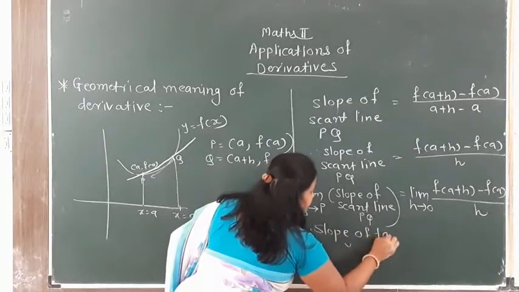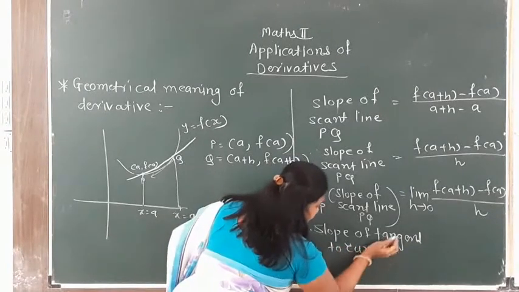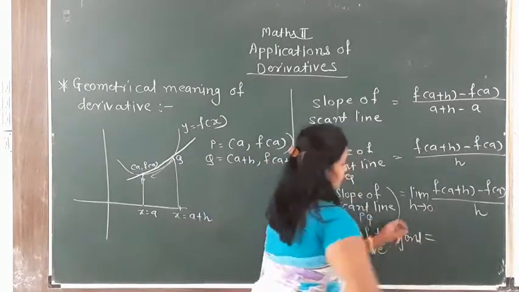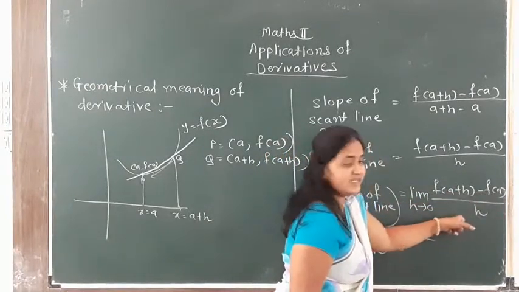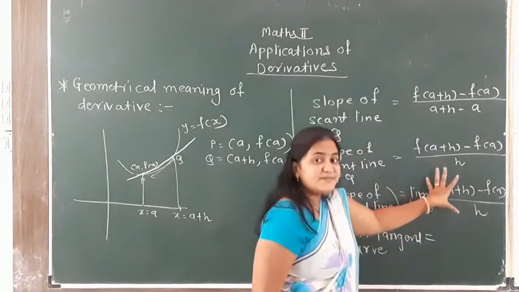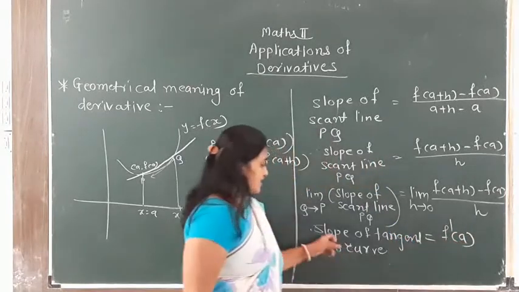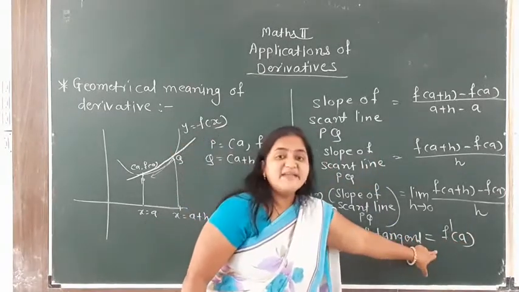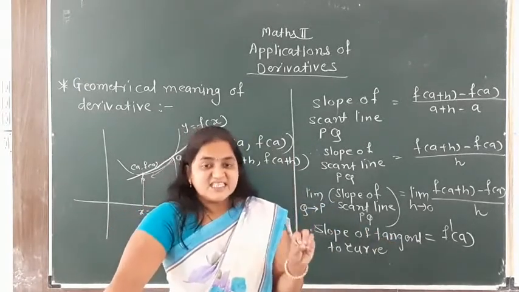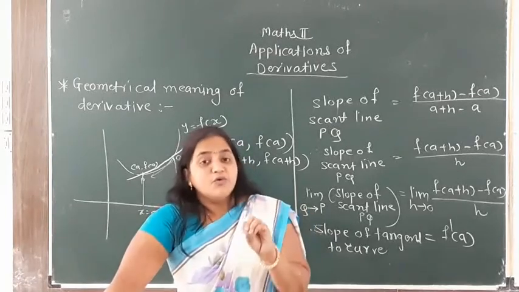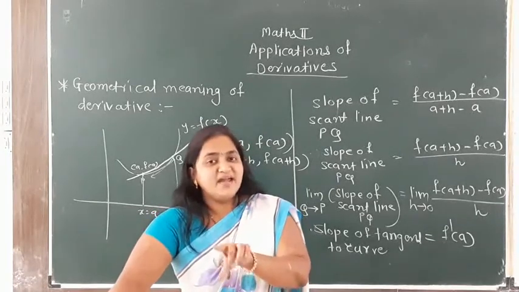The slope of the tangent to the curve is equal to the limit h tends to 0 of f of a plus h minus f of a divided by h, which is the first principle of derivative, f dash of a, if the limit exists. So f dash of x represents the slope of the tangent to the curve y is equal to f of x at the point a comma f of a.